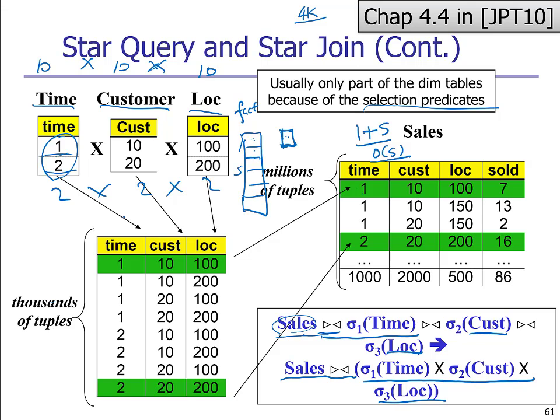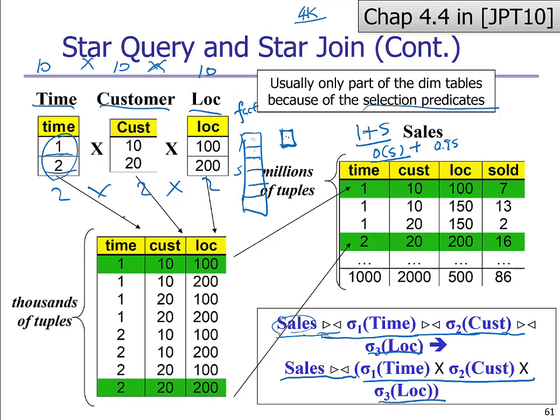And if we consider the scenario where we perform the join sequentially, then after this one join, because we have assumed that the selectivity of a single selection predicate is not very high, it's around say 0.9S. This is the result after we join sales and time.